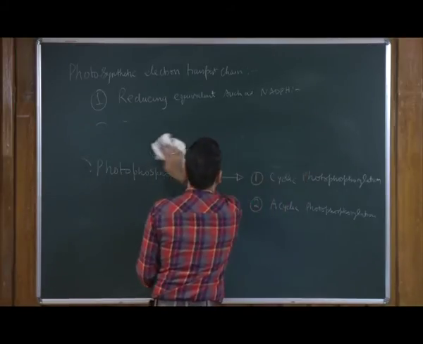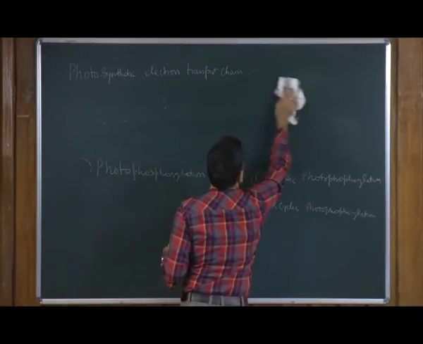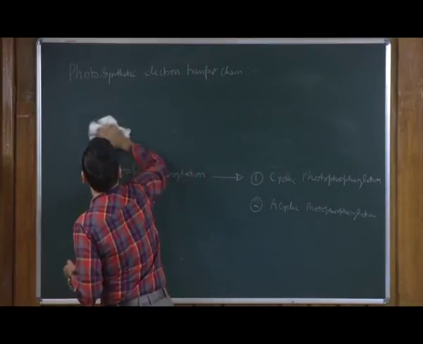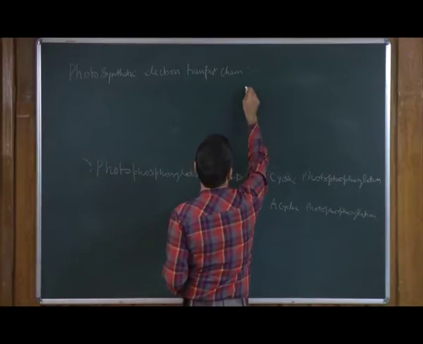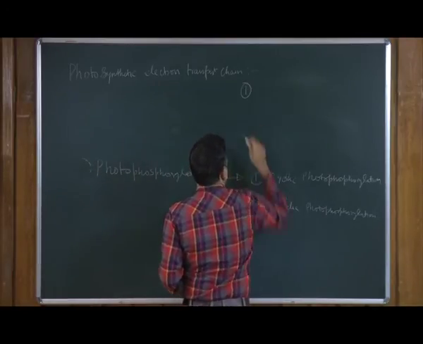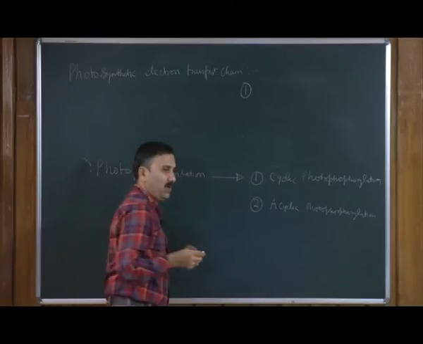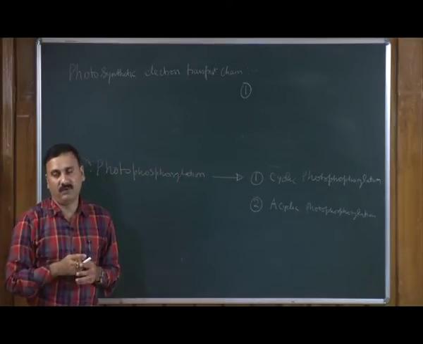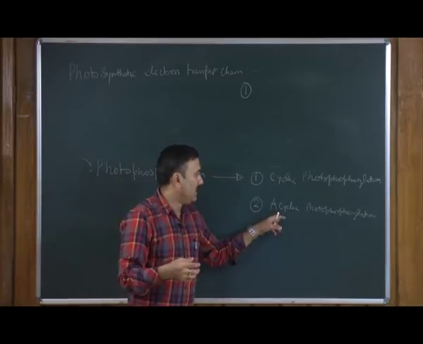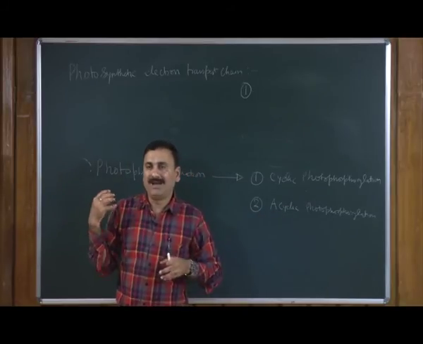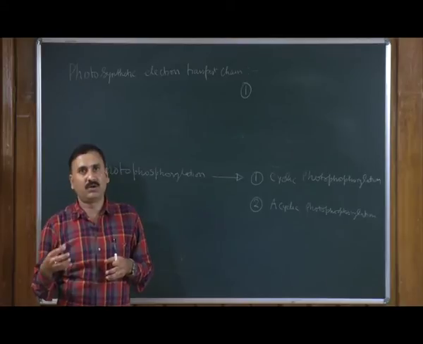The different conditions required for adopting the system for cyclic photophosphorylation are as follows. Cyclic photophosphorylation is a primitive type of photophosphorylation which happens when bright light is not there.